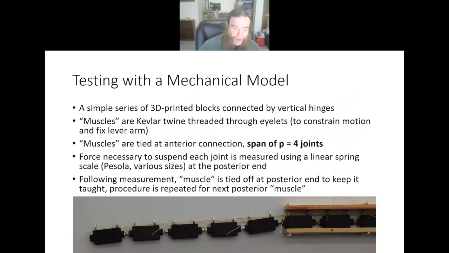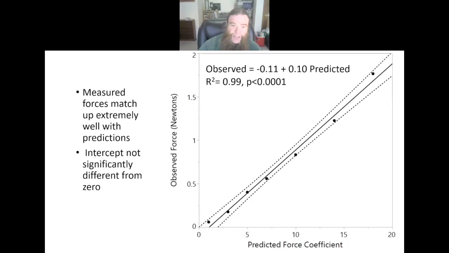But I don't trust my own math. I don't trust myself not to drop a minus sign somewhere. So I made a very simple mechanical model with joints of 3D printed plastic, muscles of Kevlar, where I would measure their force with a little Pesola gauge, a little spring scale, and a span of 4 joints, and compared what I expect to what I got. And what I got was probably the best R-squared I've ever gotten in my career for anything, and probably ever will again.